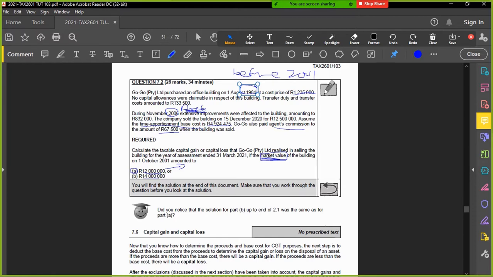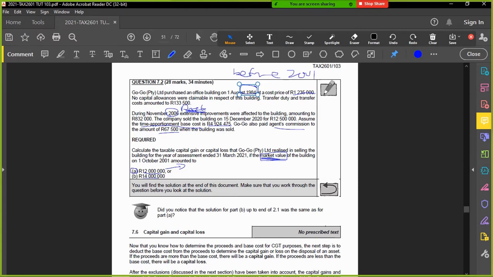It's basically based on inflation. Is that all right? Yes. You're never going to have to work that out. It'll always be given to you. That's a bit beyond the scope of this subject. It is possible to calculate, but there is a formula that you have to follow for it.